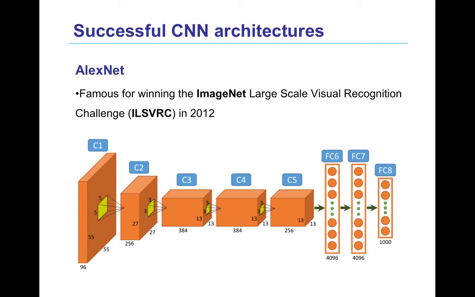So this is another famous one. It's called AlexNet, and it won the ImageNet large-scale visual recognition challenge in 2012. I'm just going to say that once, and then I'm always going to refer to it by the acronym, ILSVRC. I focus on that because a lot of new networks are being tested on these challenges, and they use the CIFAR data sets, so it's very interesting.